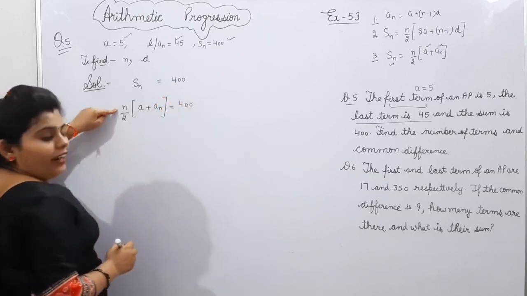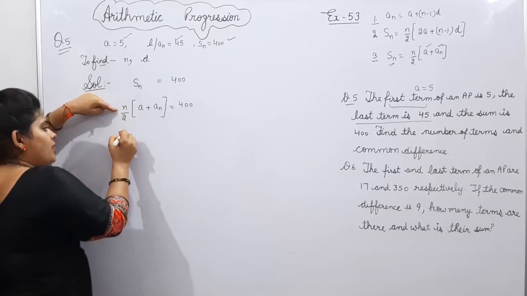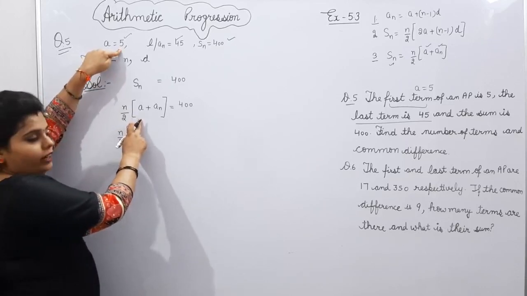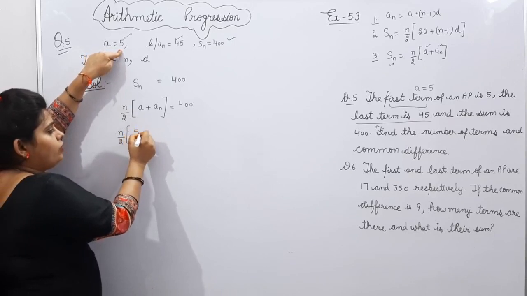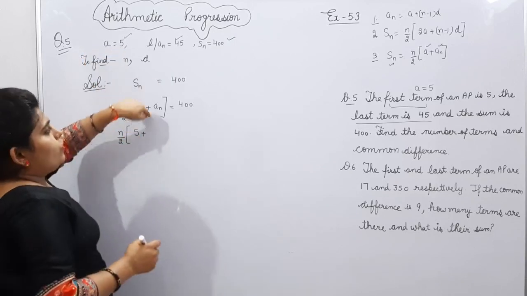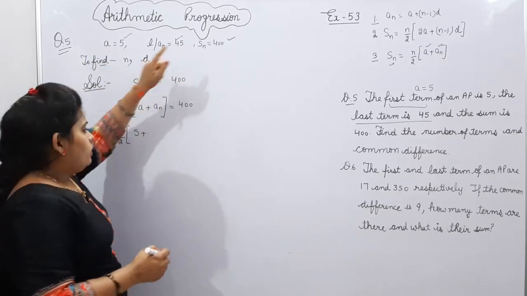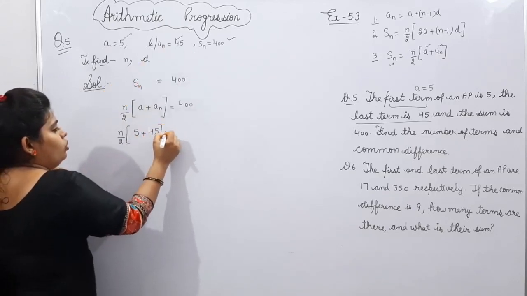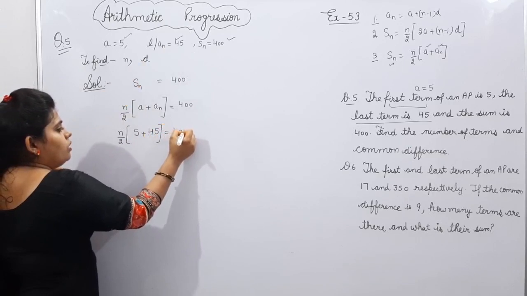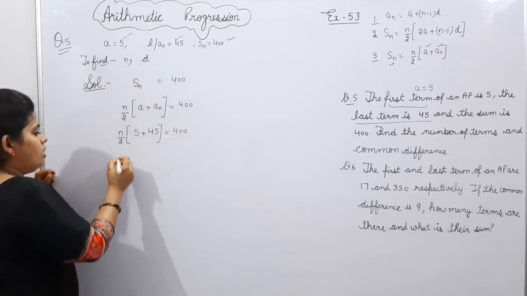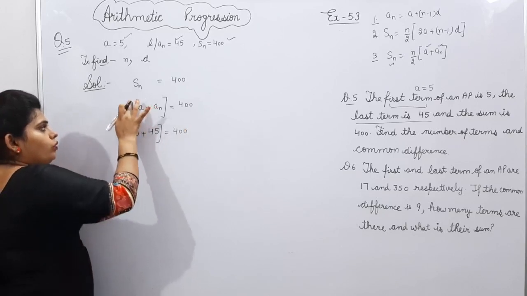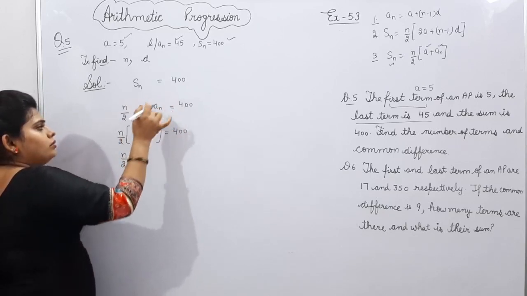Now we have to find the value of n. This n by 2 into (A, what is the value of A, dear students? 5 plus An, what is the value of An? 45) is equal to 400. Now n by 2 into, we can choose these brackets.